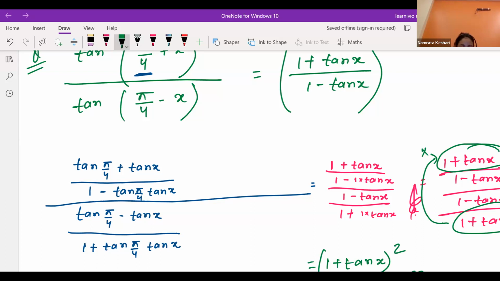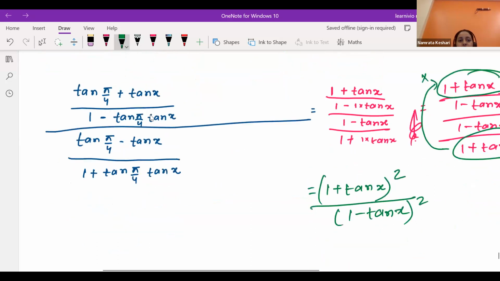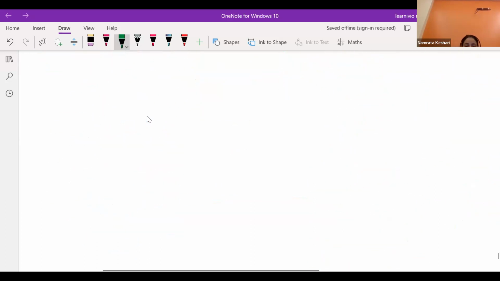If I give you one question over here, are you able to understand? If I give you sine of 5 pi by 12, think about it, Ali and Alina. What can be done to take out the value of sine 5 pi by 12?